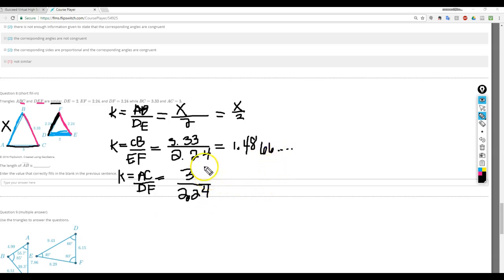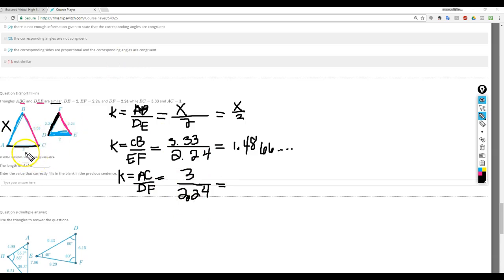And then 3 divided by 2.24 is equal to, and right here I believe that they made a mistake.